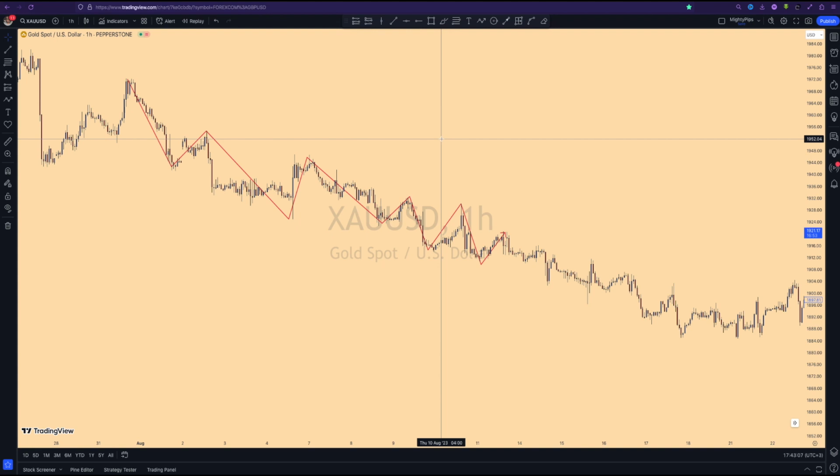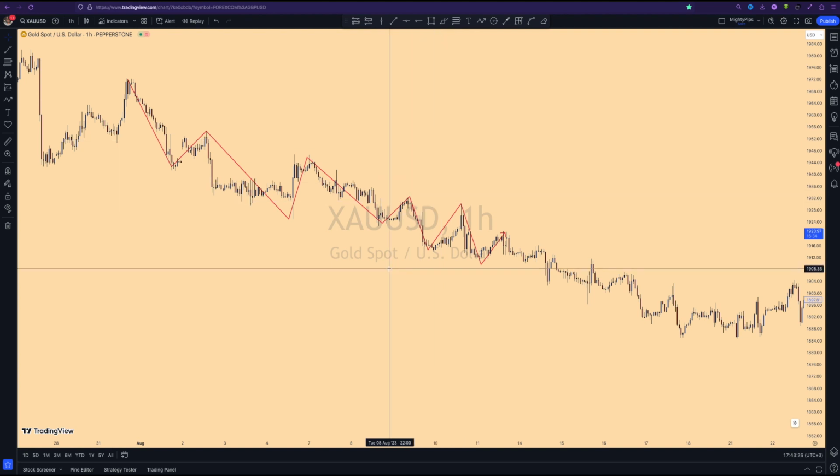If you're going to swing trade, look at the daily and the weekly charts as your zones. Don't look at the lower time frame levels of structure to determine your market structure.